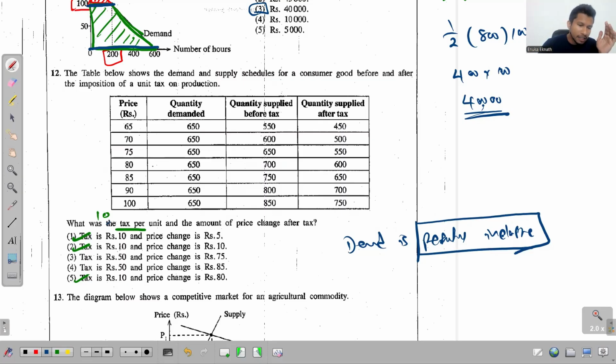So if the tax is 10 and the consumer pays the entire tax, the market price increases by the amount of the tax. So if the market price increases by the same amount as the tax, the price change has to be once again 10. So the answer for this question is the second one.